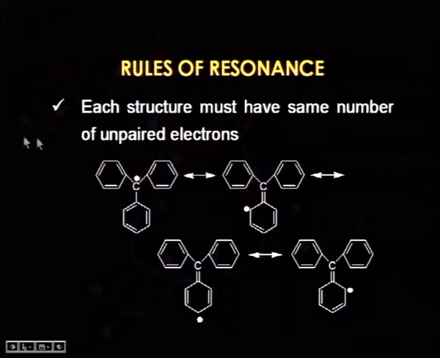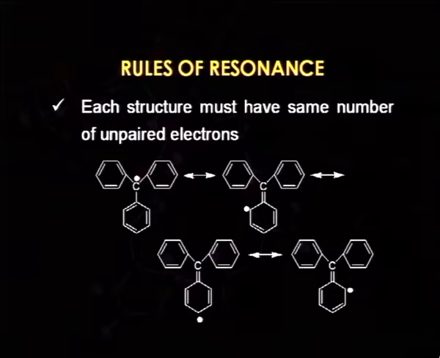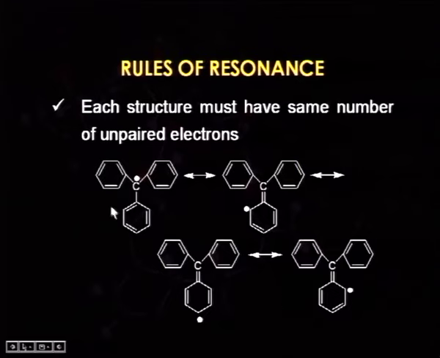Each structure must have the same number of unpaired electrons. Here we can see the example of the triphenyl methyl free radical. This carbon atom possesses a single electron.